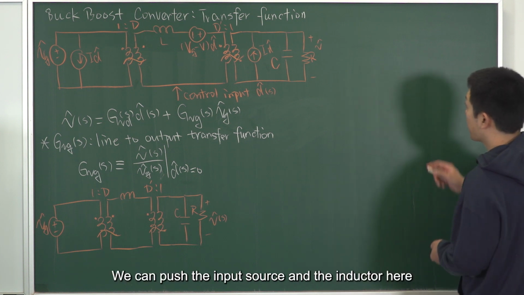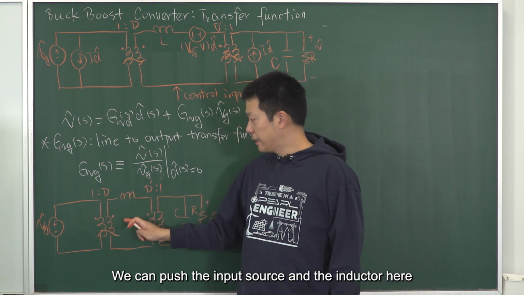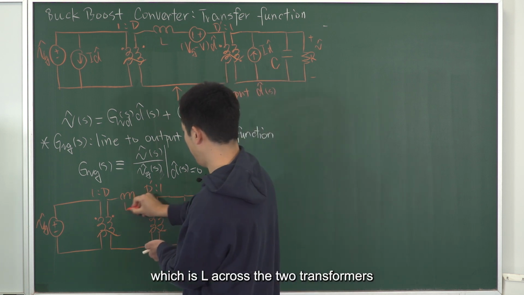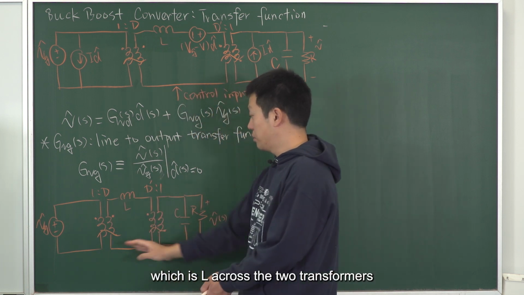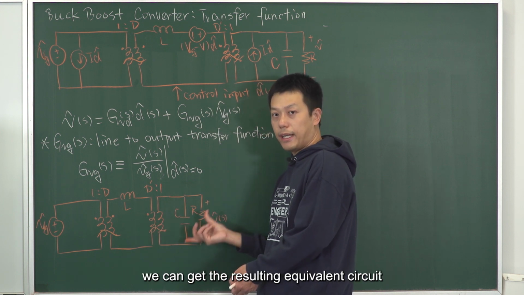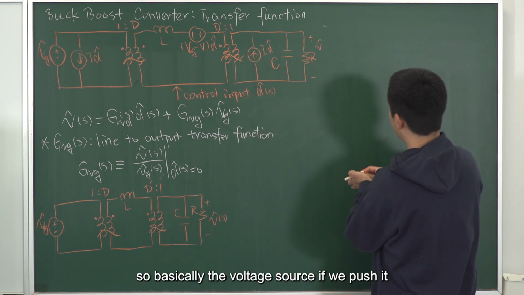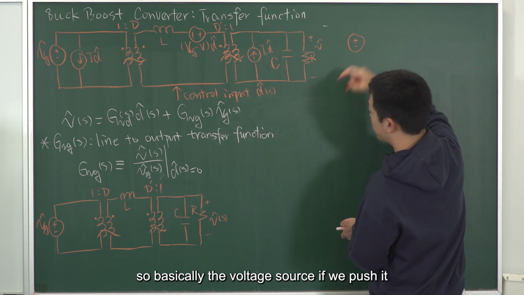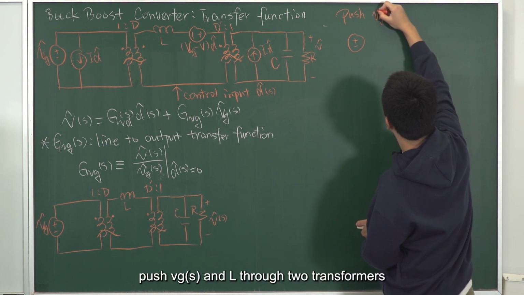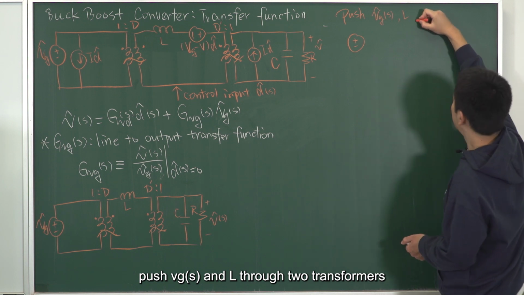As the first step, we can push the input source and the inductor L across the two transformers to the secondary side of the second transformer. We can get the resulting equivalent circuit. Basically, the voltage source V_g(s) and L are pushed through two transformers.